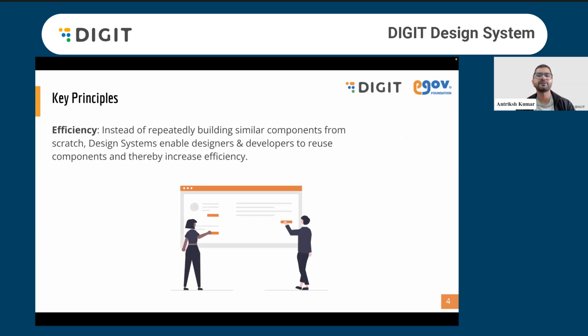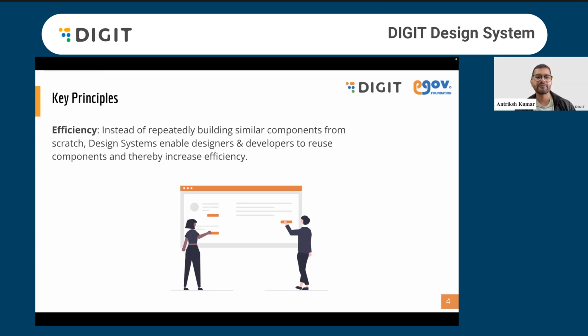Okay, so key principles of a design system. Why do we need a design system? One is efficiency. The common problem we face when building a product is that we develop something, we define a component or a pattern, and next time if somebody new comes, he or she repeats the same thing.